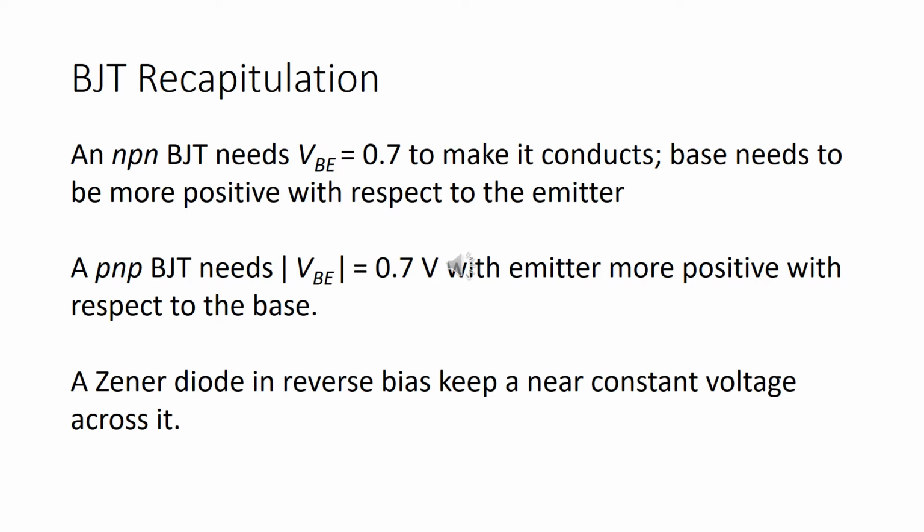For a PNP BJT, the emitter needs to be more positive with respect to the base. Then we also need a Zener diode to provide a constant reference voltage in its reverse bias.